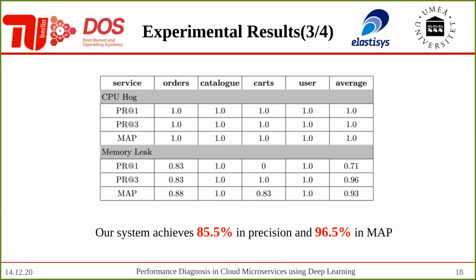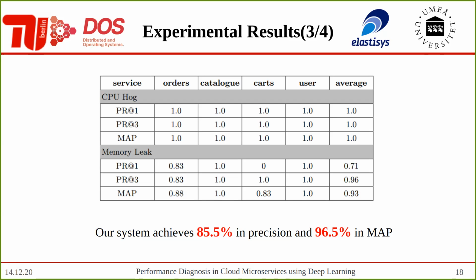This makes it quite difficult for the autoencoder to get the root cause in the top one because it violates our assumption that only the culprit metric manifests significant observations in abnormal status. So in all, our system achieves 85.5% in precision and 96.5% in MAP.